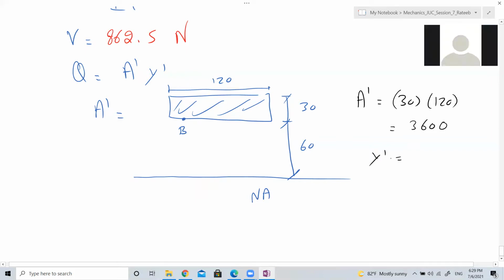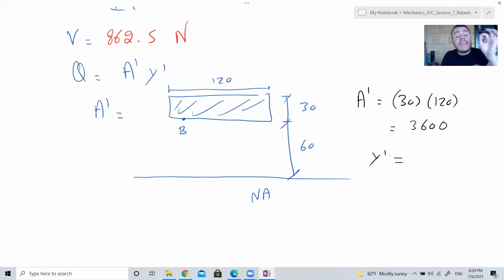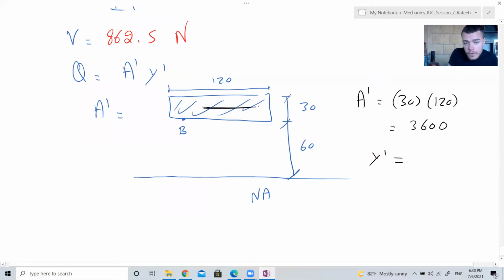What is Y prime? It's different from the y we found earlier. What is Y prime here, guys? In shear stress, Y prime is the distance between the centroid of area prime and the neutral axis. Where is the centroid of area prime? Here, in the middle.